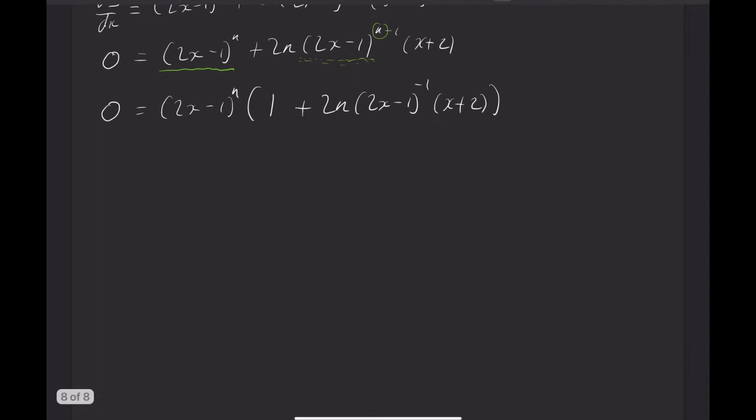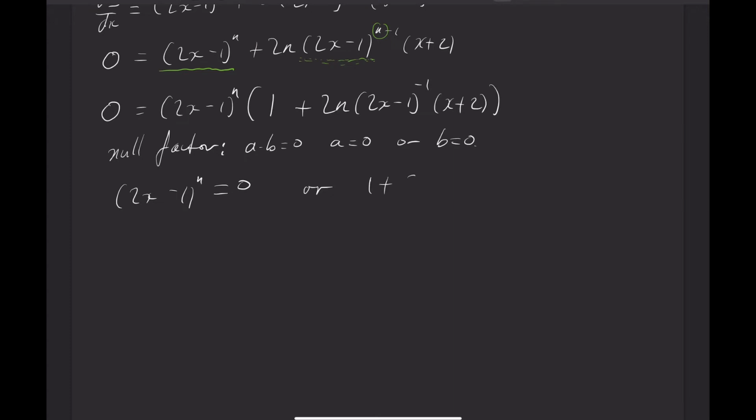So now, null factor: if a times b is 0, a equals 0 or b equals 0. That means I have (2x minus 1) to the n equals 0, or 1 plus 2n (2x minus 1) to the negative 1 times (x plus 2) equals 0.